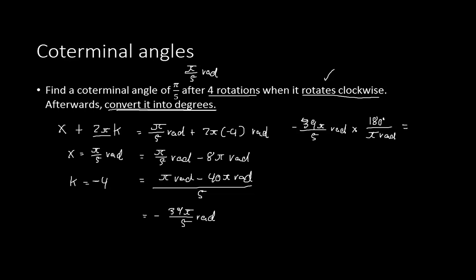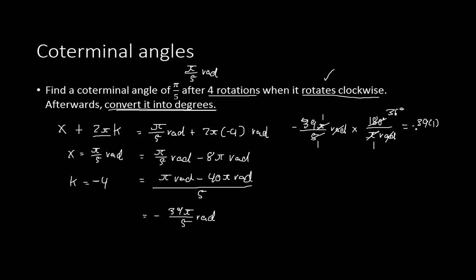So here, cancel the radians, then cancel the pi. So we will have 1 on the top, 1 on the bottom. Then 5 and 180 degrees can both be simplified by dividing them both by 5, because 5 divided by 5 is 1, and 180 degrees divided by 5 is 36 degrees.